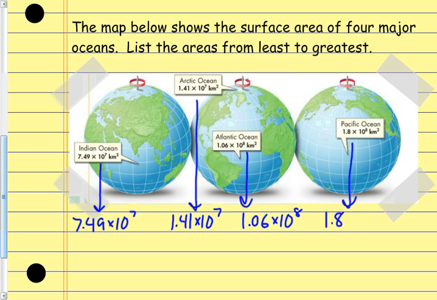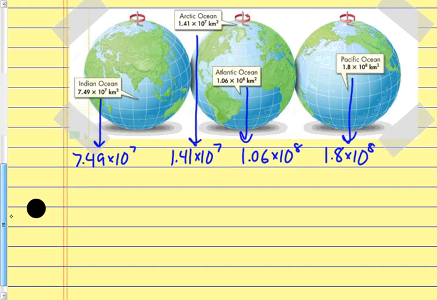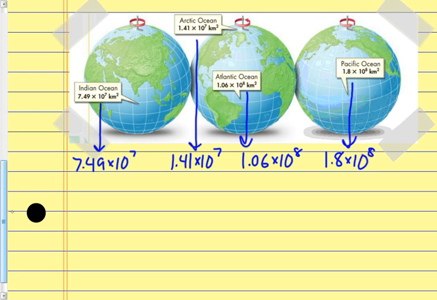Okay? And when we look at things in scientific notation in terms of size, in terms of what's going to be the largest and what's going to be the smallest, there's something that determines this a little bit more than others, and it's that exponent. When I compare an exponent of 7 to an exponent of 8, which of these is automatically going to be bigger when we think of how we move the decimal place?